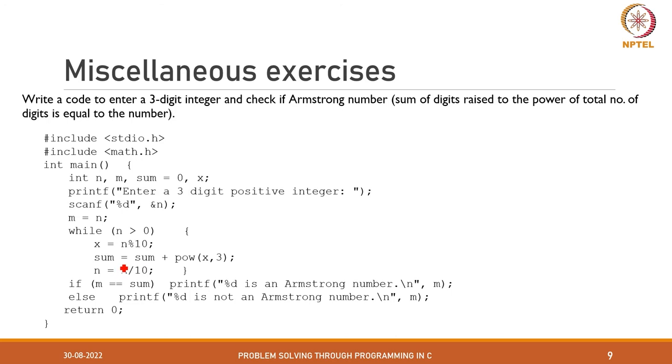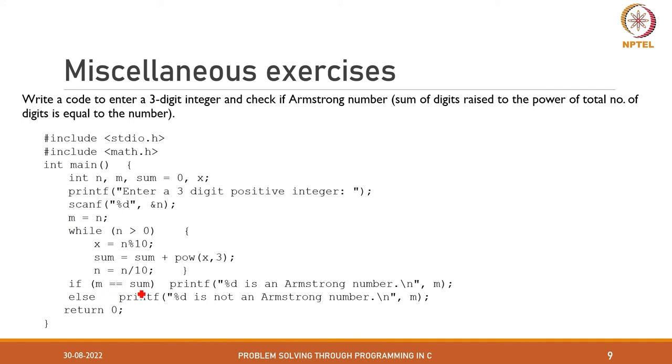Then we are adding the power. We are doing a power of 3 on x, and we are adding that to the value of sum, and we are dividing the value of n by 10 in order to reduce it by one digit. And finally, when this entire while loop ends, we'll check whether the sum which we have calculated is equal to the initial value that was entered by the user.